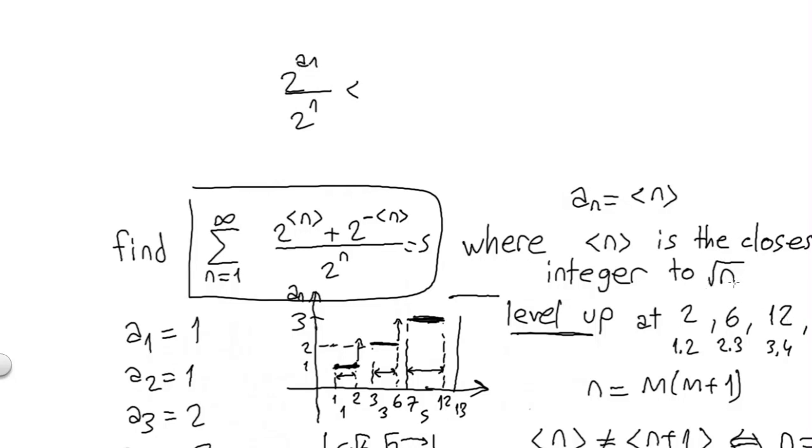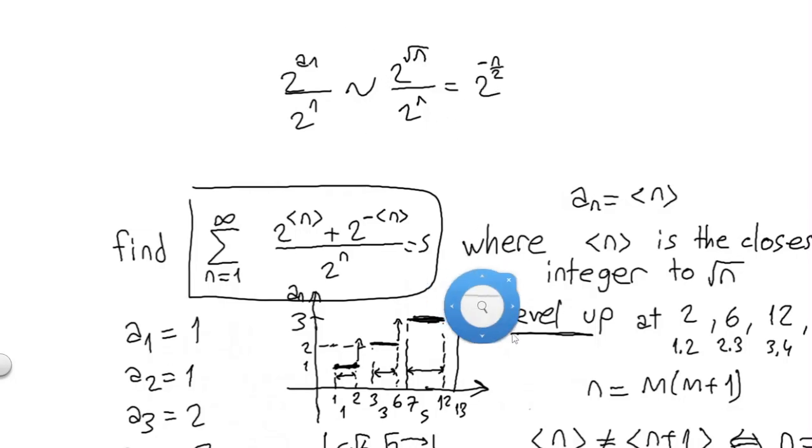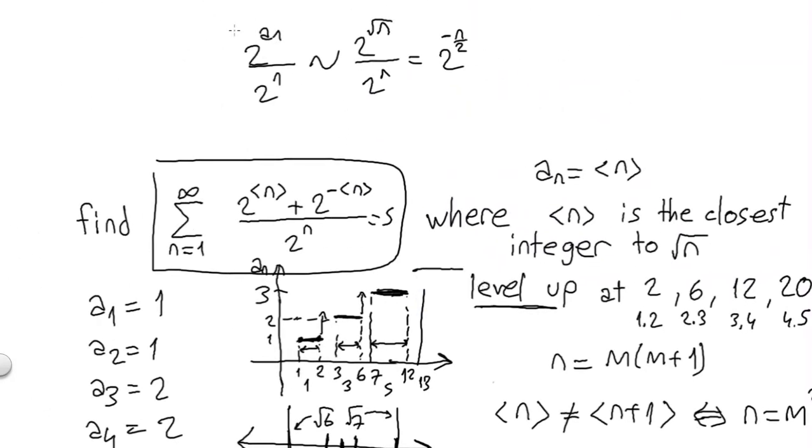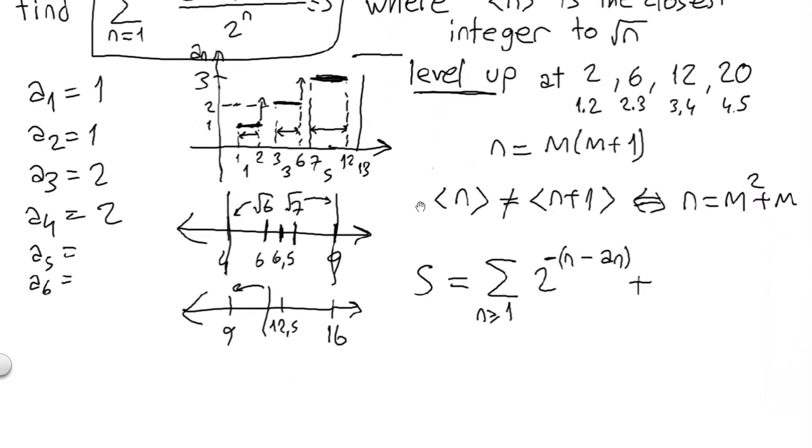But it's more or less close to just square root of n. So this is almost the same as saying 2 to the square root of n over 2 to the n. So this is just going to be 2 to the minus n over 2. And this is just going to be convergent if I add them. Okay, these series are convergent. It's horrible writing.